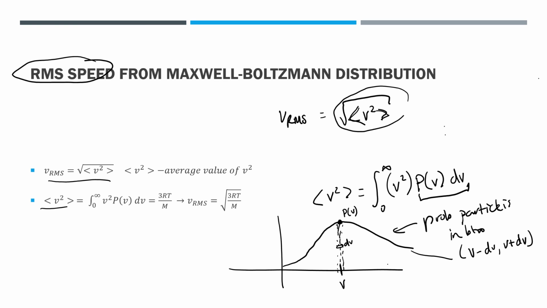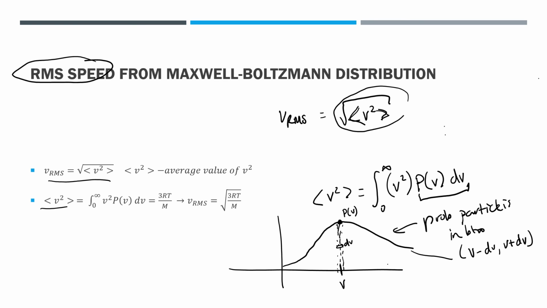That's essentially what we're finding with P of V dV. But because dv is so small, it's infinitesimally small, this is basically finding the probability at a velocity of v. I know it's not entirely accurate, but because dv is so small compared to v, this is basically the probability of just finding it at V, with a tiny, tiny error margin.